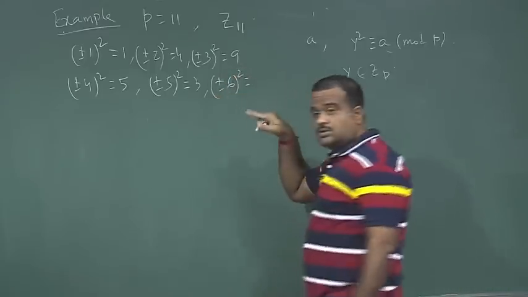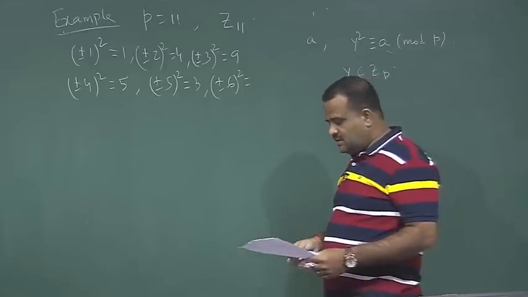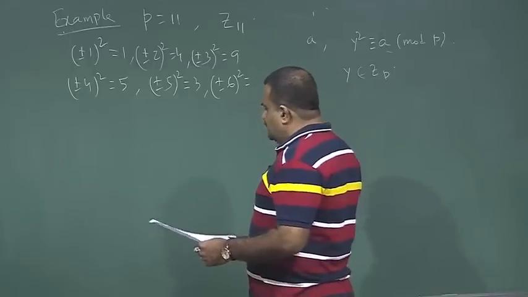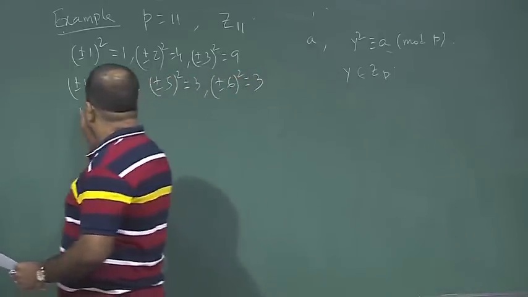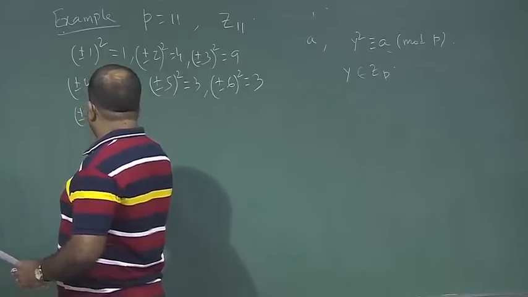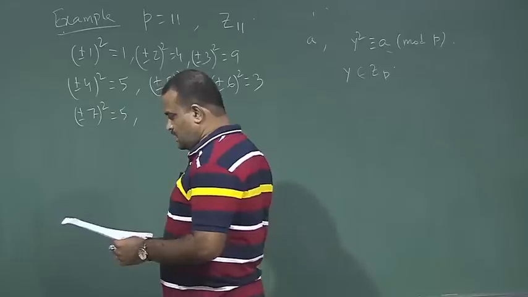Plus minus 6 square is 36, and 36 mod 11 is 3. Plus minus 7 square is basically 5. These are all under mod 11.